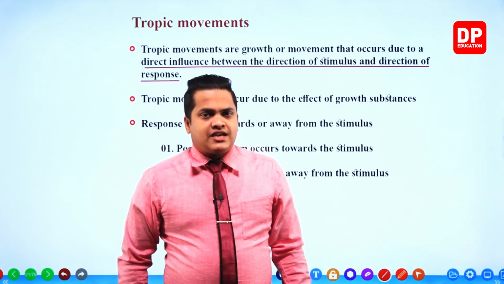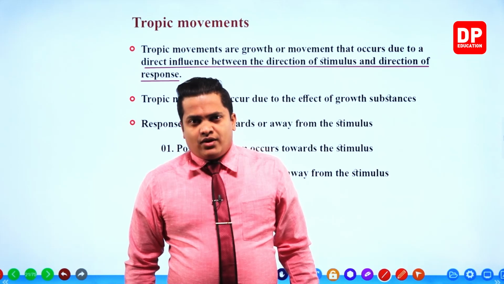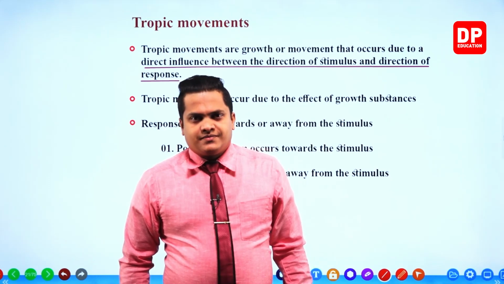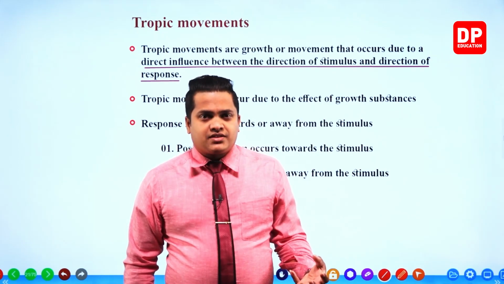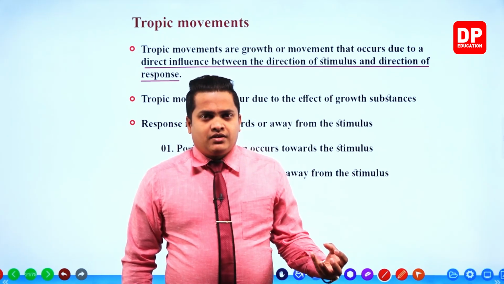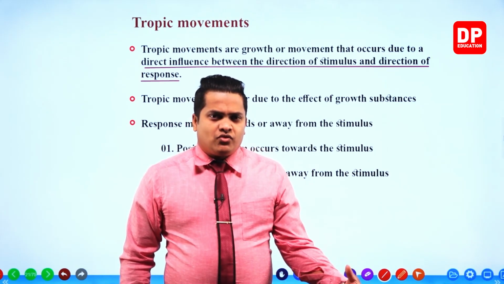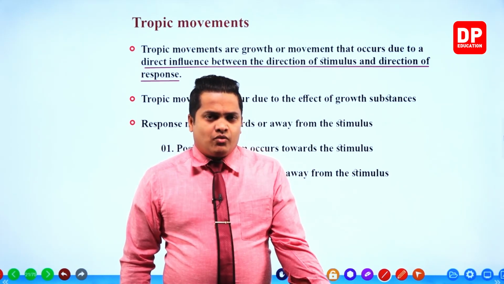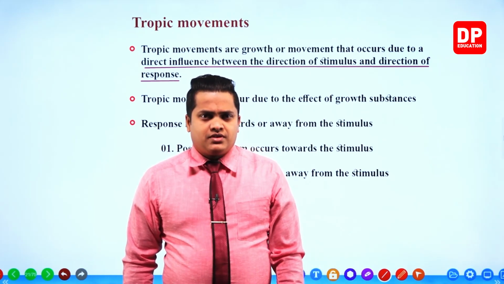So this is the first type of movement that we can observe within the plants. Growing of the apex towards the light is an example of trophic movement. Growing of roots towards the ground is also an example of trophic movements.